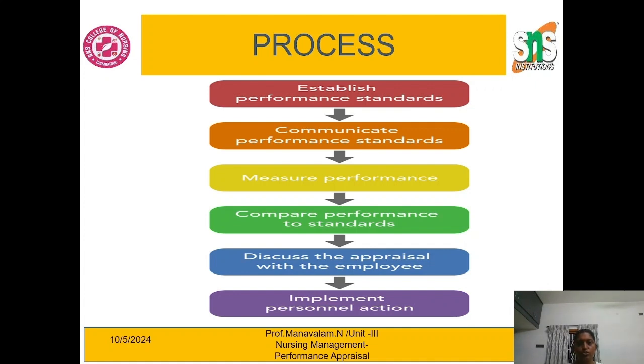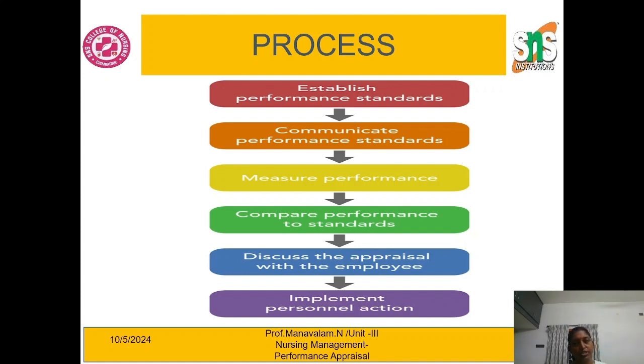Next, we have to measure performance. For measuring the performance, we can apply different types of methods, either traditional methods or modern methods. Whatever methods we are applying, we have to document what we measured. For documentation, we have to follow certain principles. First, we have to write an accurate report.